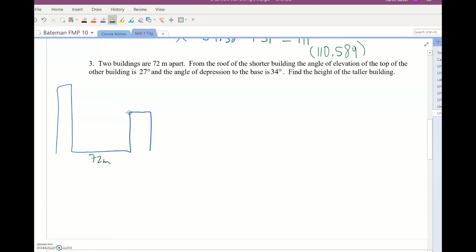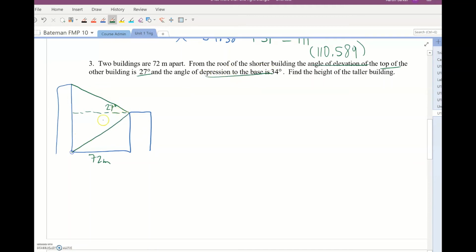And here's a dashed line because you're on the top of the smaller building, so you have to draw the horizon. What you're doing then is the angle of elevation to the top of the other building is 27 degrees. So here it is, 27 degrees. The angle of depression to the base of the other building is 34.